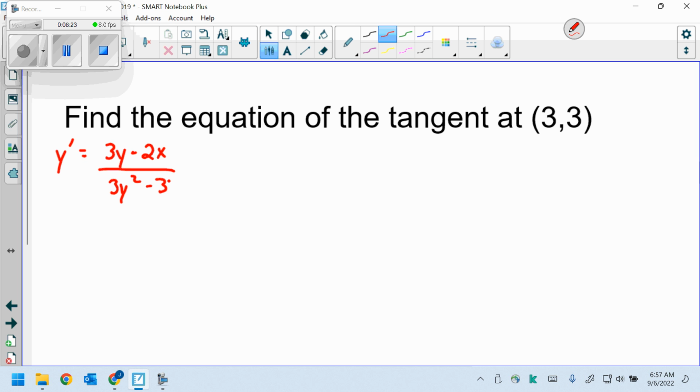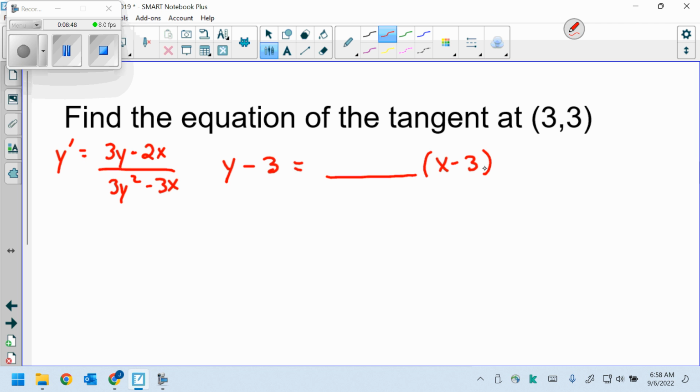So if I'm going to write the equation of a tangent line, I'll use point-slope form: y minus 3 equals slope times x minus 3. They didn't tell me which form of an equation of a line to use, so I'm using that. So let's see the slope. I have to put a 3 in for y and a 3 in for x.